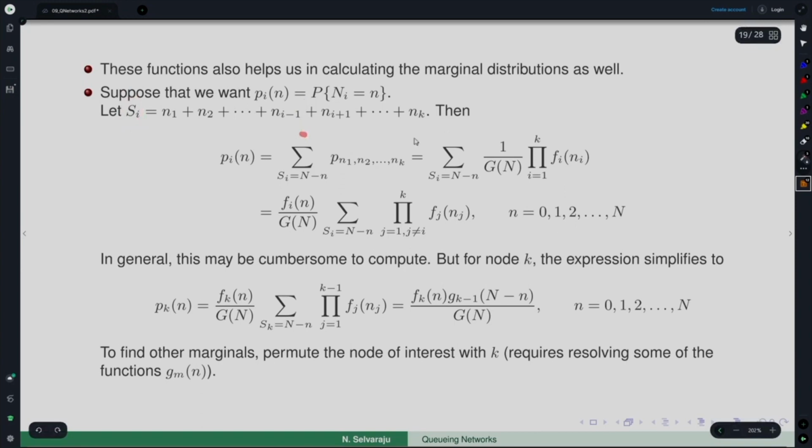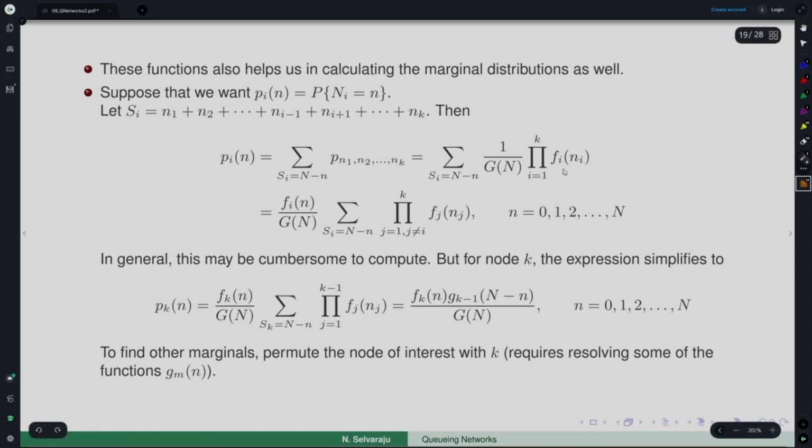Then Pi of n, if I want it, I will take this joint and sum over all remaining possibilities, n1, n2, up to ni minus 1, ni plus 1, and nk, with their sum equal to n minus n, which is the possibility I have to enumerate to get Pi of n. So, this one I can write straight away, but the sum is now. The Si notation is utilized just because we do not want to write this long expression here.